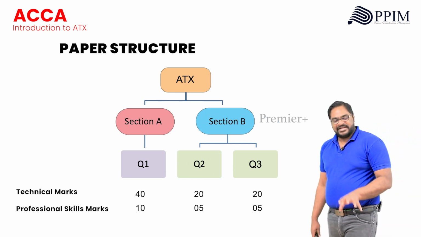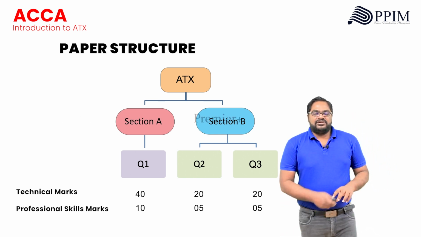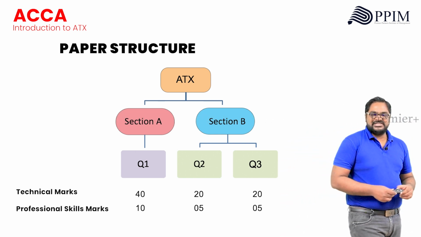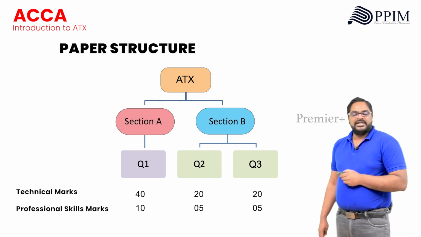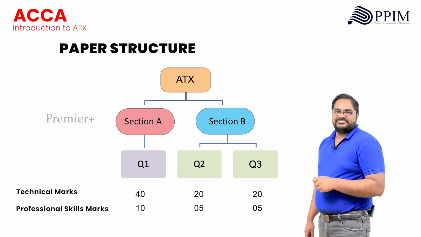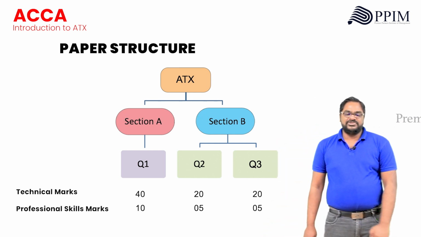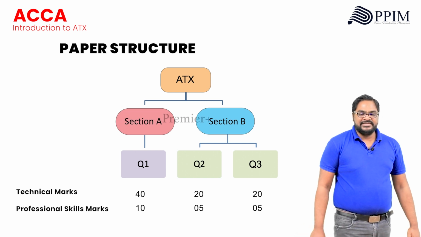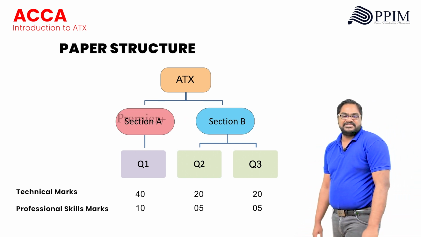Why have they done that? We'll come to that in a while. In Section B, 2 questions, each question will carry 20 marks for techniques and theoretical aspects, and each question will carry 5 marks for professional skills.